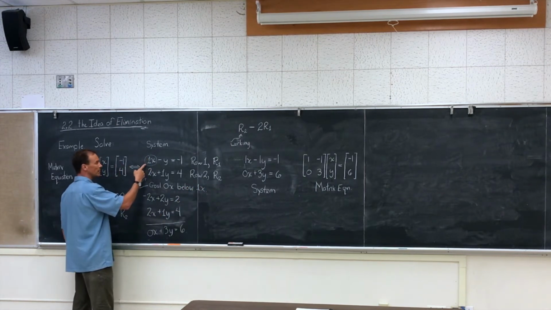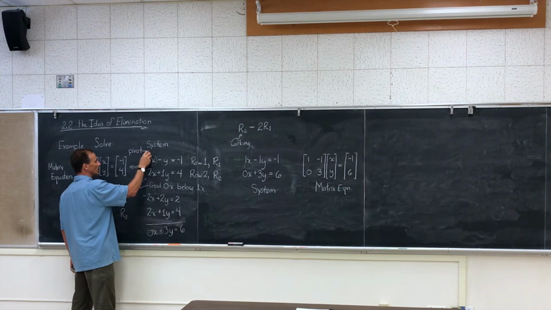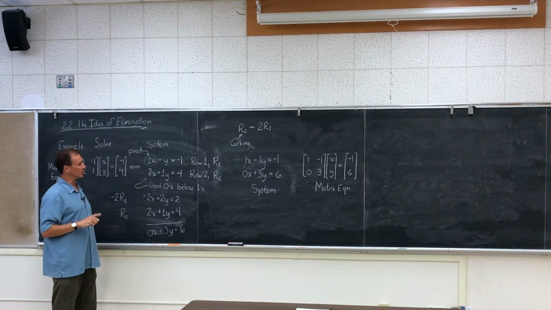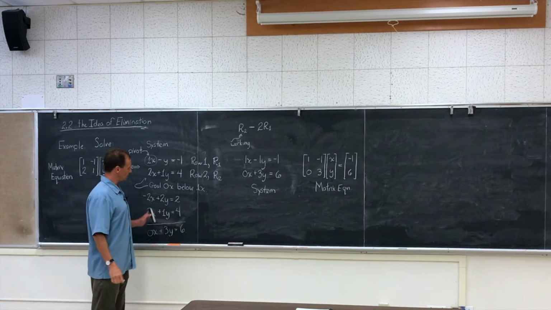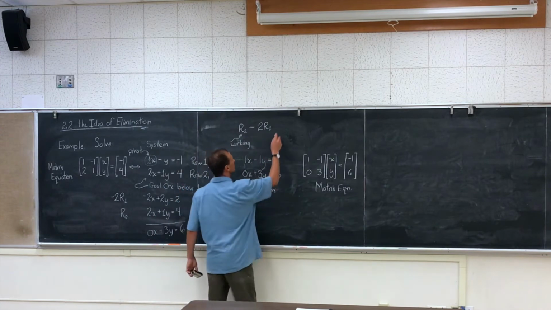This top left position we call the pivot. And as we have bigger systems, that's going to become more and more important. So, we did this one operation right here.